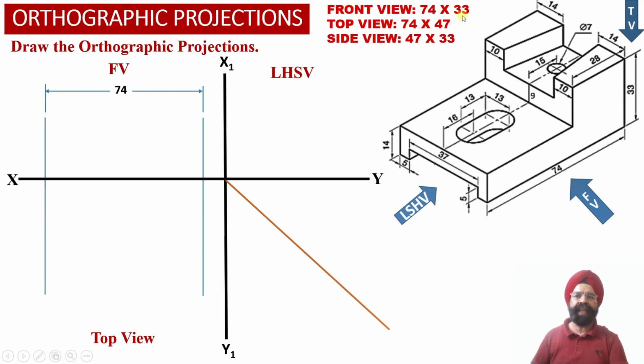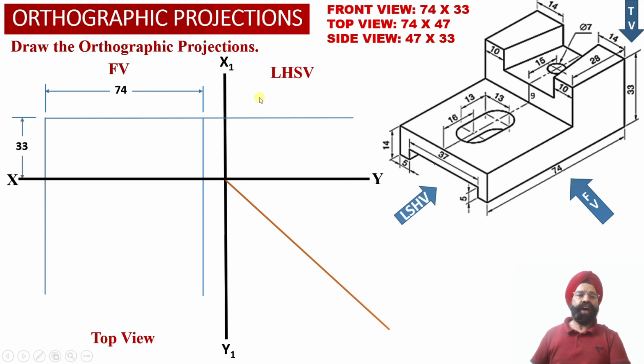We also know that the height of the front face is equal to 33 millimeter. At a height of 33 millimeter from the XY reference line, we have obtained a horizontal projector line into the front view orthographic projections, and we have extended this horizontal projector line into the left hand side view projections, because into the left hand side view projections also we are going to require the height of the solid equal to 33 millimeter.